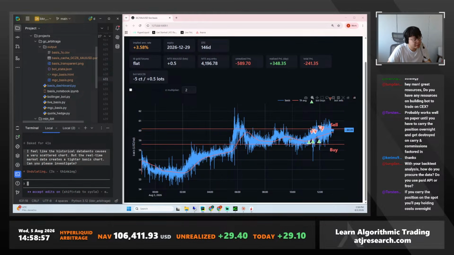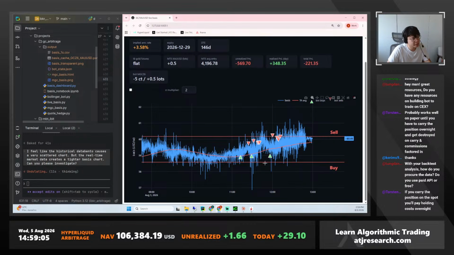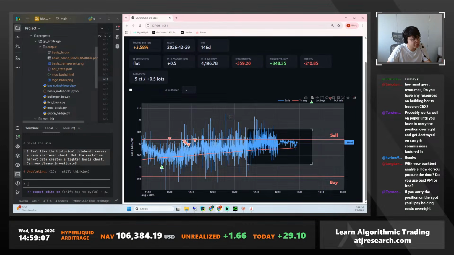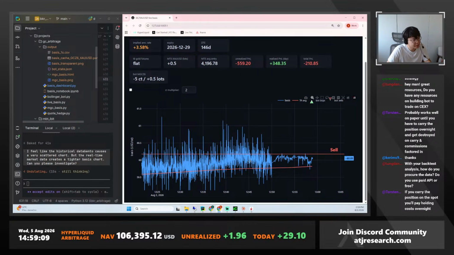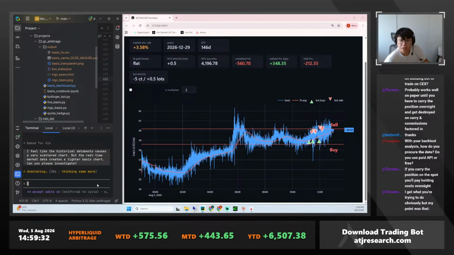Because we're using that data to create signals, to determine buy and sell levels for a strategy, I think it's important to understand why this data is so scattered. This is the live data, and this is the historical one. And we're using the historical one to compute the Bollinger band for our trading bot. I get what you're trying to do, obviously, but let you finish.